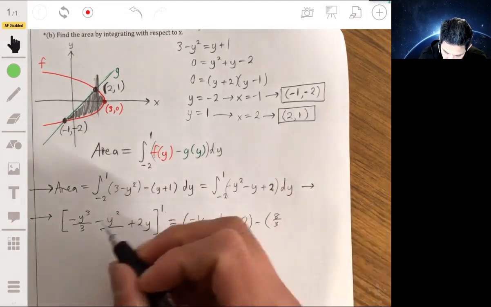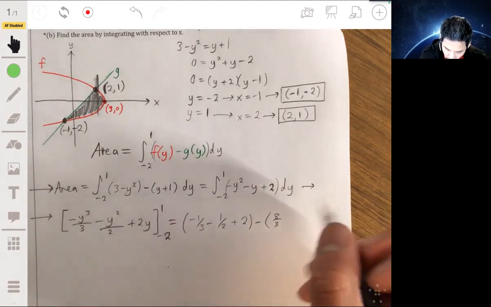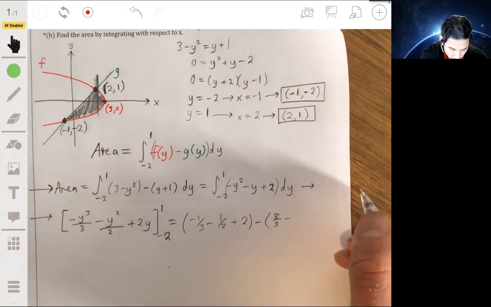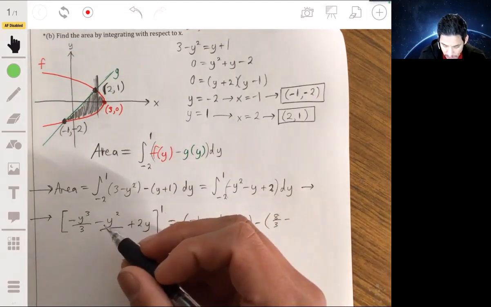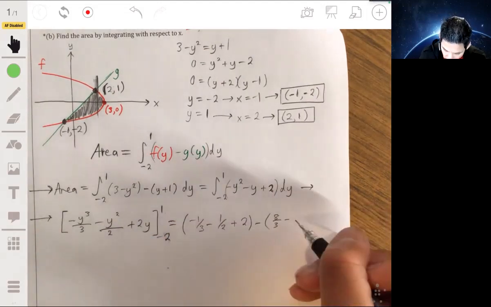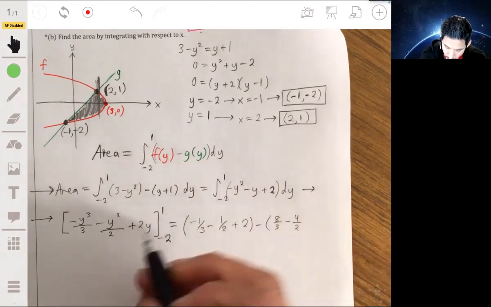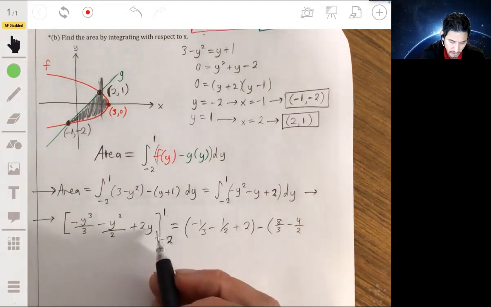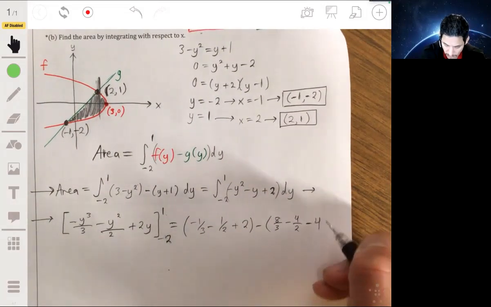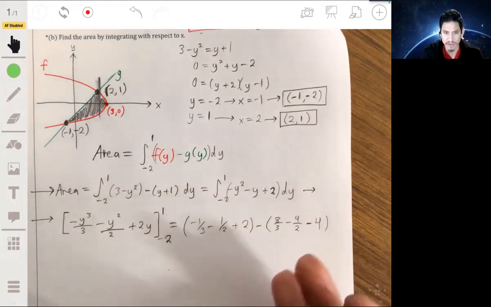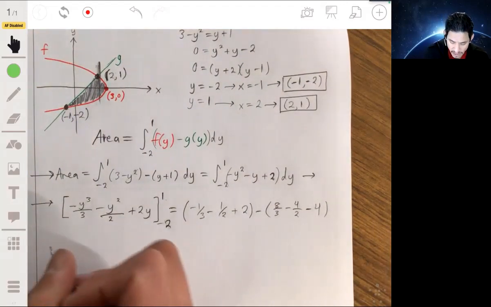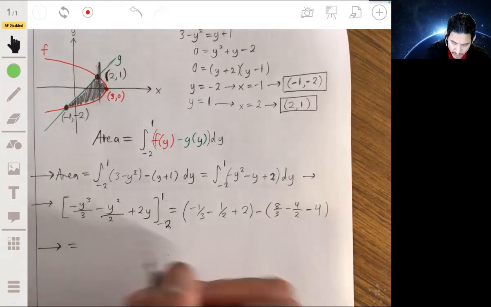So 8 over 3, negative, and then -4 over 2. Plus 2 times -2, so we can just say plus -4. Again, we just got to make sure we don't mess up on our arithmetic.